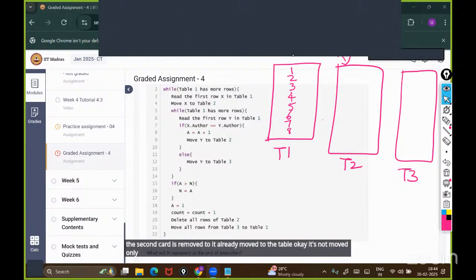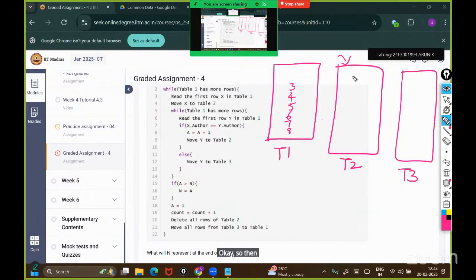Table 2 now has 2 cards, 1 and 2. If the if condition is working, the else will not work. Only if it is false will the else condition work.